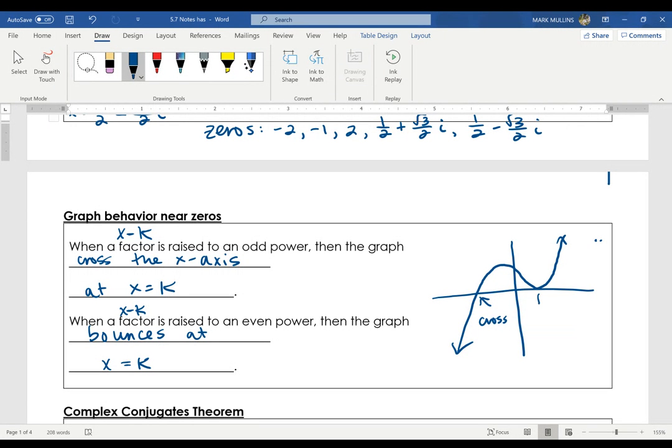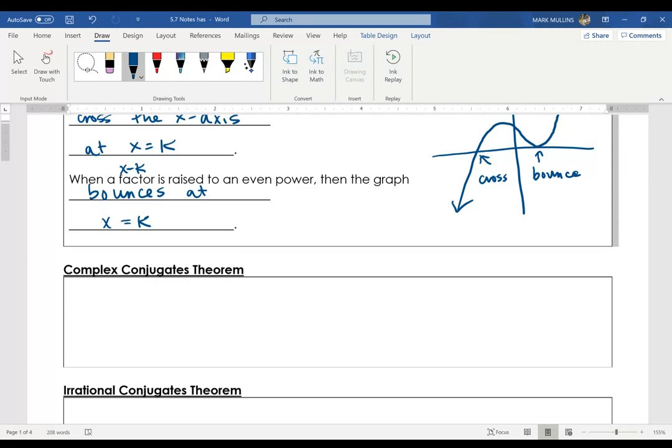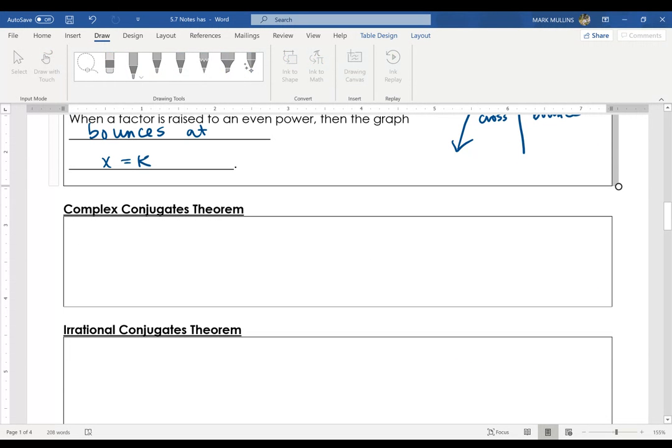And then it bounces when it's being raised to an even power. And again, we'll look more at this with the 5.8 notes. So tomorrow we're actually graphing, not today. Complex conjugates theorem. So we're going to write a long version for this one, and then we're going to shorten it up because they're really similar for the next one.